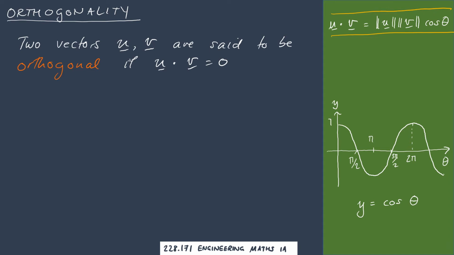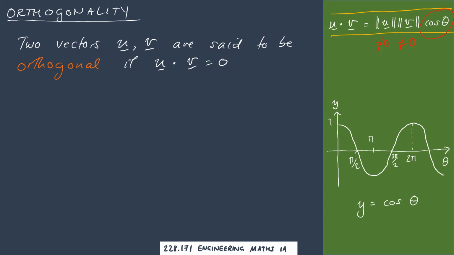Now if we assume that our vectors are not 0, so they have some positive length, then the dot product can only be 0 if this cosine theta term here is 0. Because normally, length of u is not going to be 0, nor is length of v, and that means that for these vectors to be orthogonal, cosine of theta must be 0.